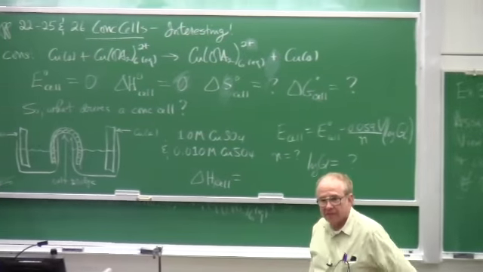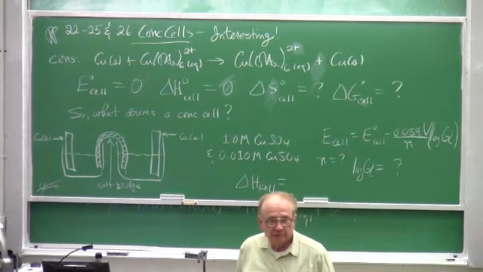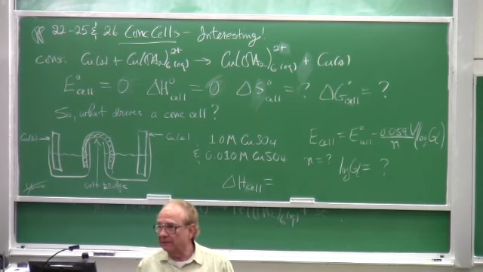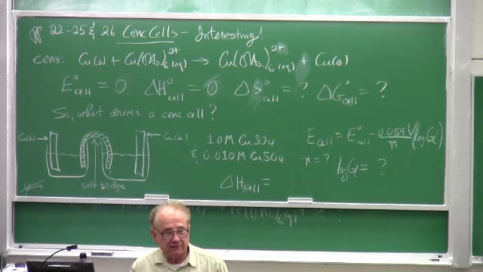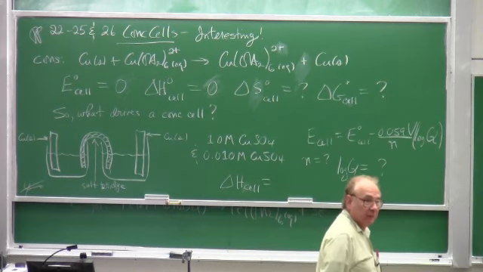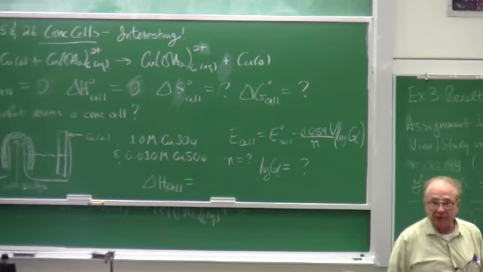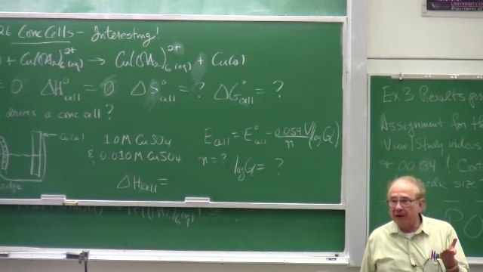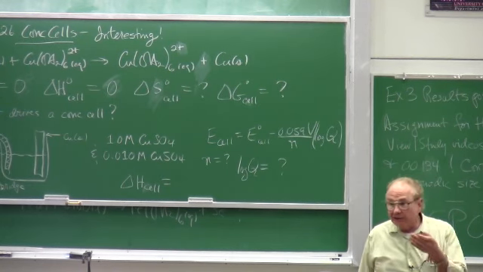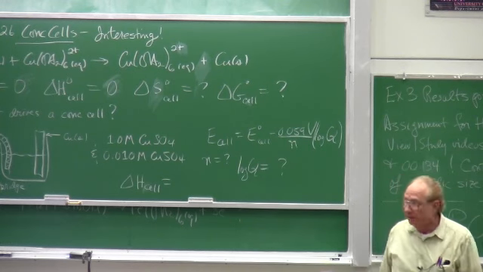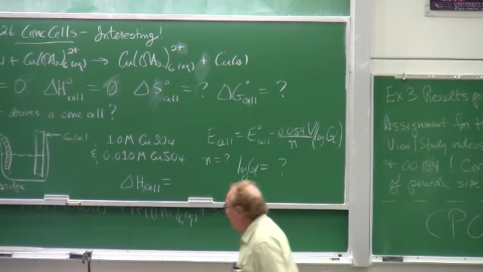And as we reduce hydrated copper ion, we're breaking copper-water molecule bonds. And I guarantee that for a concentration cell, the number of copper-water molecule bonds made has got to equal exactly the number of copper-water molecule bonds broken. In other words, however many moles of hydrated copper ion we produce has got to equal the number of moles of hydrated copper ion which were reduced. So what's delta H? Zero.